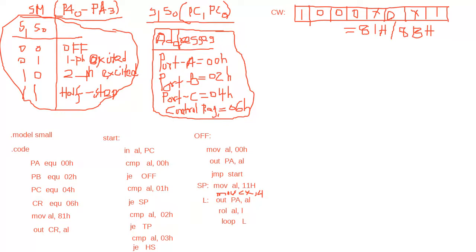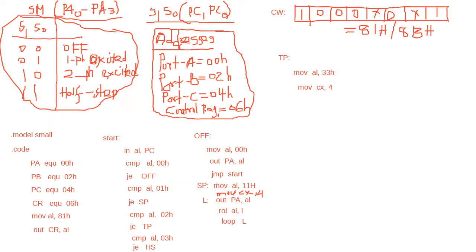Move AL comma 33H. And then we have to send the counter 4 also. Move CX comma 4, because we have to make the rotation 4 times, then it will be complete.